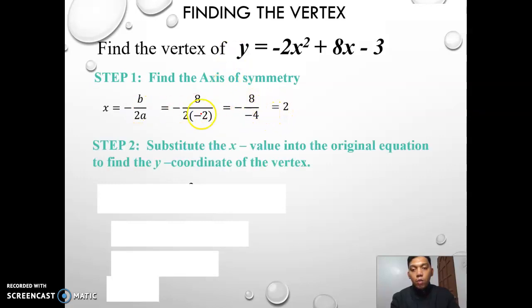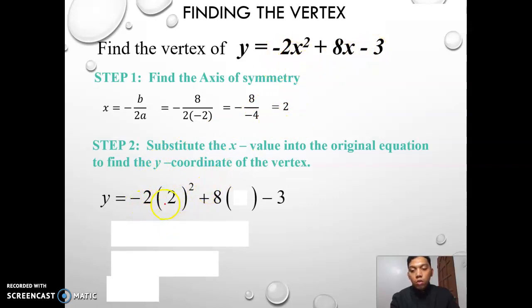To get the y coordinate, we already have the x, or the axis of symmetry. How do we get the y? Simply substitute this x in the function.